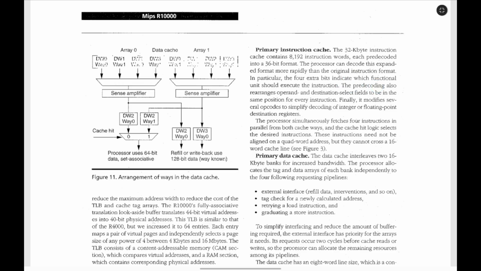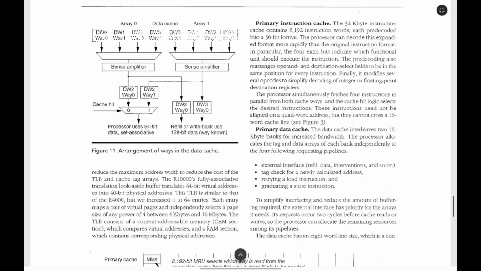The precoding also rearranges operand and destination select fields to be in the same position for every instruction. Finally, it modified several opcodes to simplify decoding of the integer or floating point destination registers. So the processor simultaneously fetches 4 instructions in parallel from both cache arrays, and the cache logic selects the desired instructions.